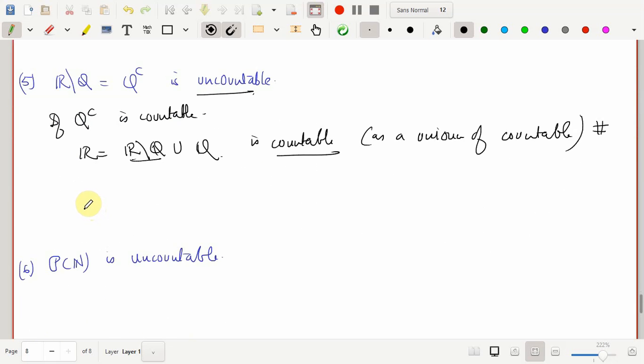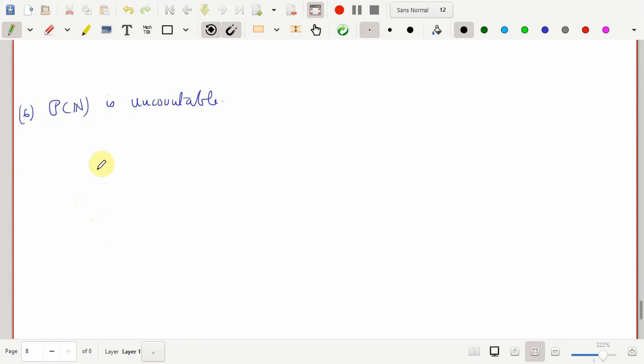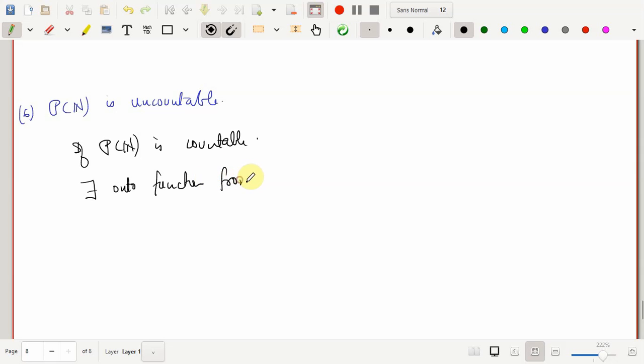One last one, P of N, the power set of the natural numbers. Again, if this is countable, then there exists an onto function from N to P of N, but this contradicts Cantor's theorem.